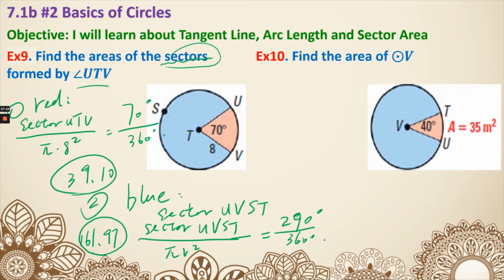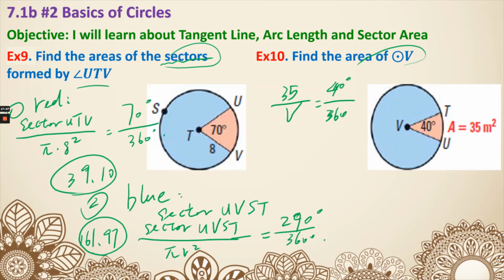Next, example 10. Find the area of circle B. This time you're given an angle, you are also given the sector angle. So it's easier to set up. 35 over, I'm just going to call the area of B as V. That is the same as my angle, which is 40 degrees, and it's going to be compared with the full 360.